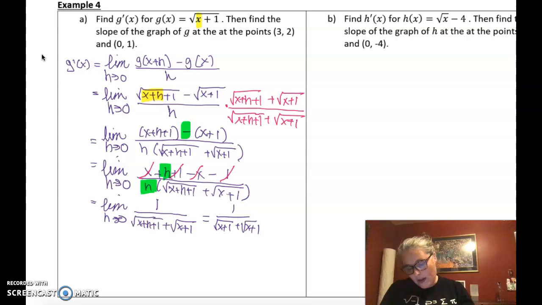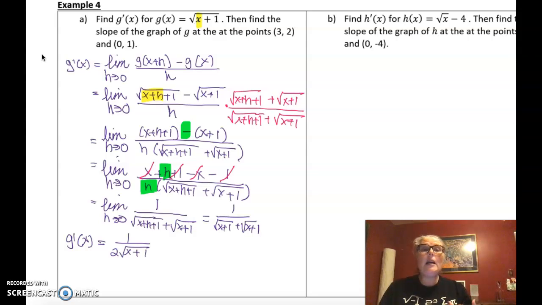So just to simplify a bit, let's write this cleanly down here on the bottom. G prime of x is equal to 1 over, those two like terms in the denominator become, 2 times the square root of x plus 1.